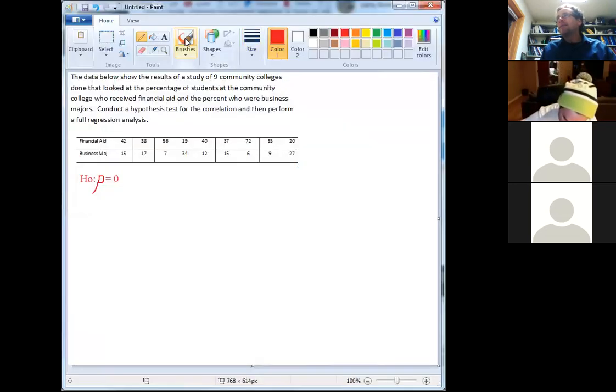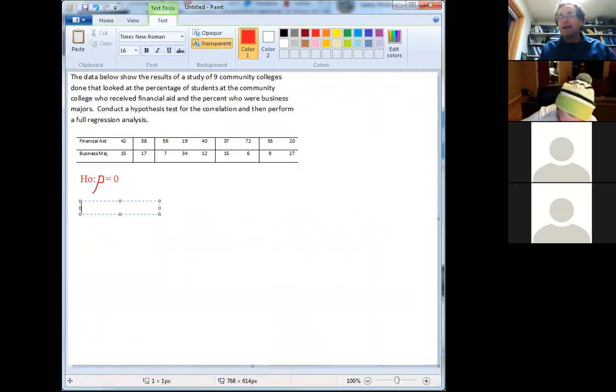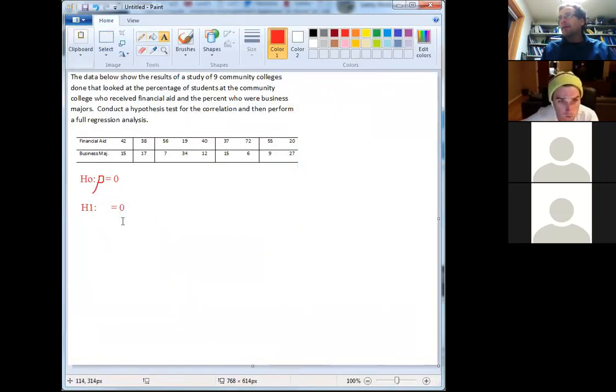And then, if we want to find out if there's a correlation, H1, now let me draw it, is going to be rho is not equal to 0.